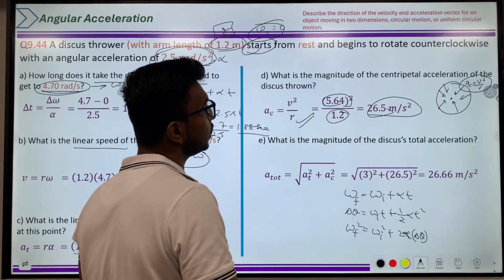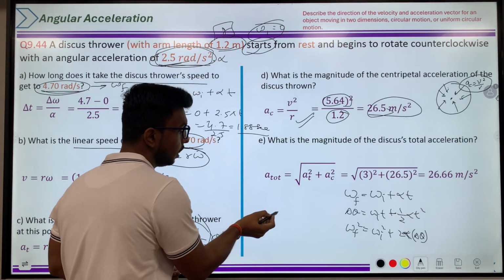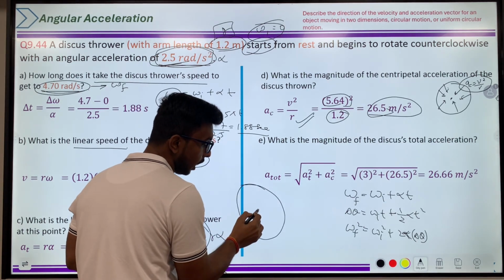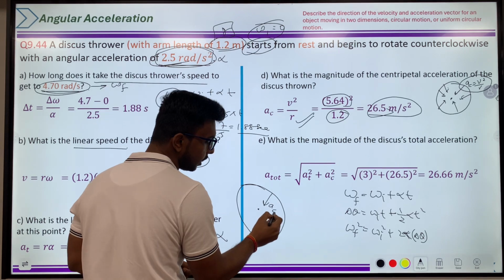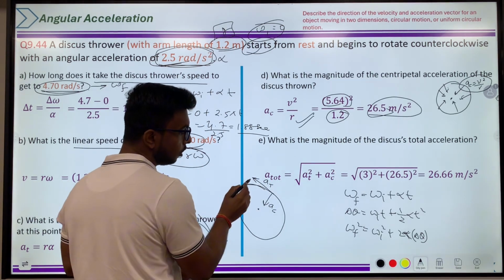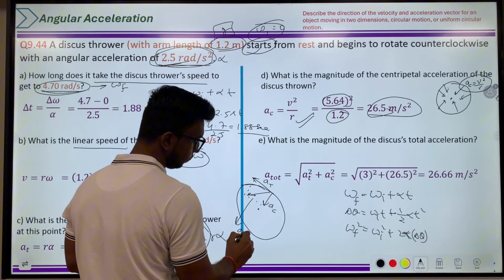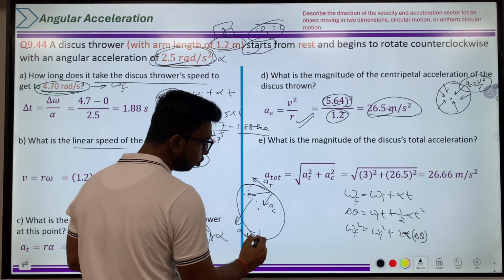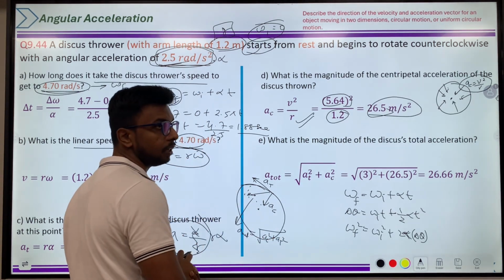What is the magnitude of the discus's total acceleration? Here is the point. If something is moving in a circle and it is speeding up or slowing down, there are two accelerations. One is centripetal acceleration and one is the tangential acceleration, which is making it move. So to find the result, we find a net, that is root of ac square plus at square, because they are at 90 degrees with each other.